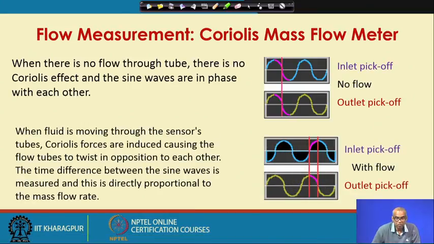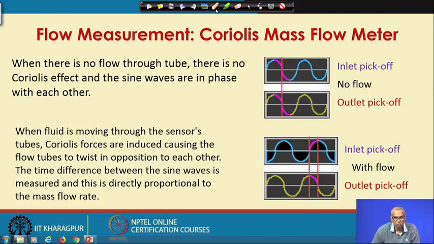When fluid is moving through the sensor's tubes, Coriolis forces are induced, causing the flow tubes to twist in opposition to each other. The time difference between the sine waves is measured and this is directly proportional to the mass flow rate. So, when there is fluid flowing through the tubes, there will be development of a Coriolis force.